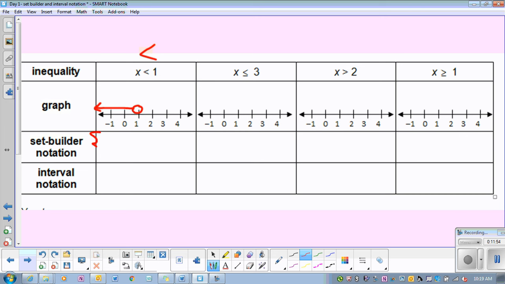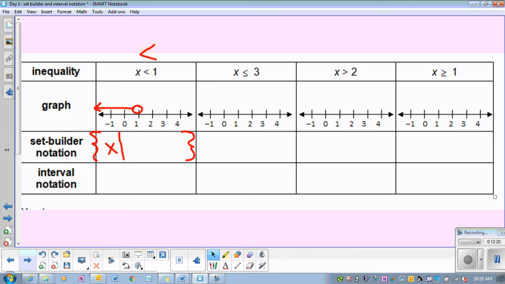Now, for my set builder notation, I'm going to use my curly braces. What is my variable? X. So put X and then put the bar. And then put your inequality there. X is less than 1.